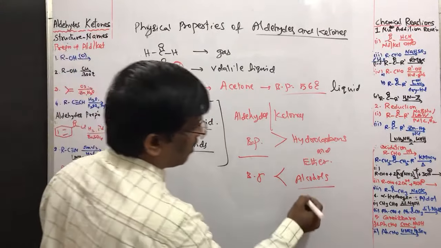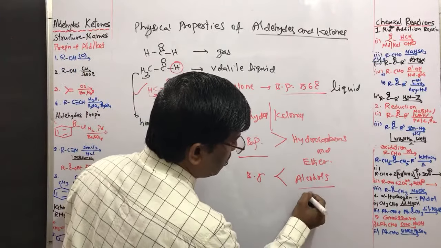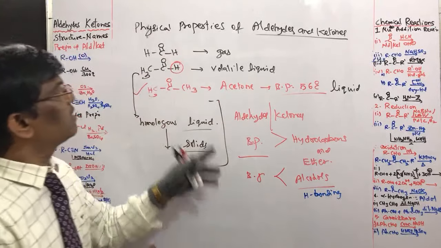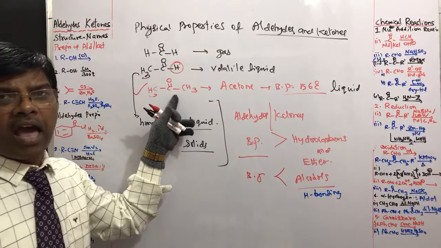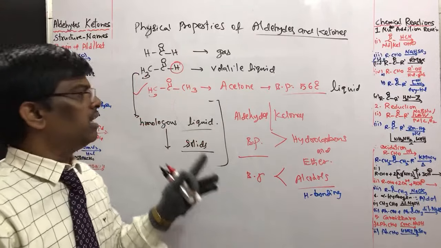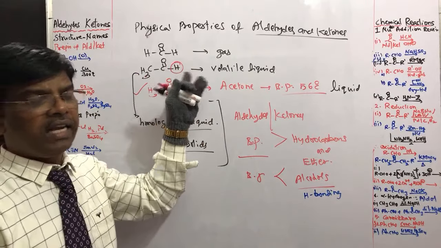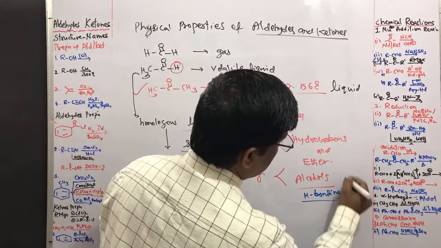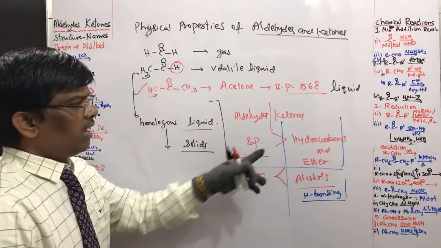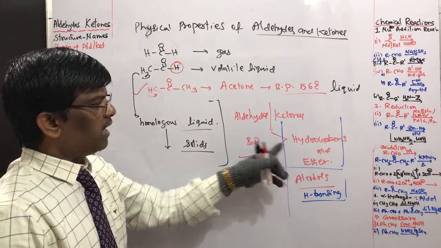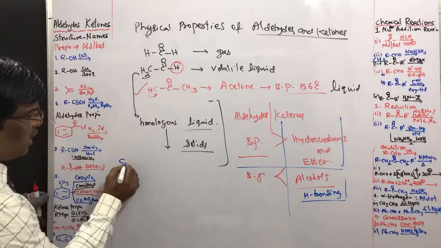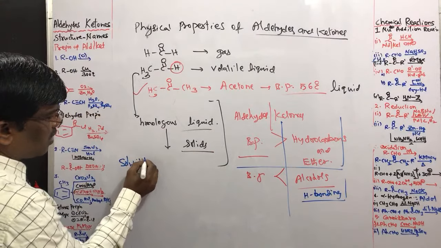Because alcohols have hydrogen bonding, whereas these aldehydes and ketones do not have hydrogen bonding. Intramolecular or intermolecular hydrogen bonding is not possible in ketones or aldehydes, right? So alcohols are high boiling, whereas hydrocarbons and ethers have lower boiling points than these aldehydes and ketones.